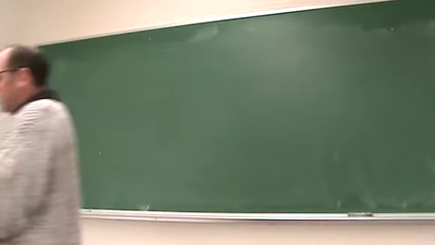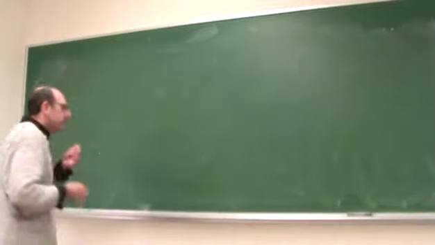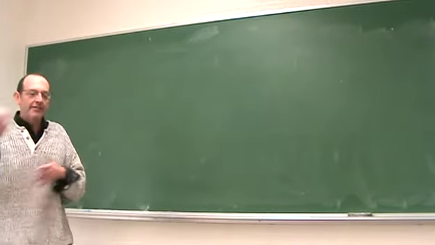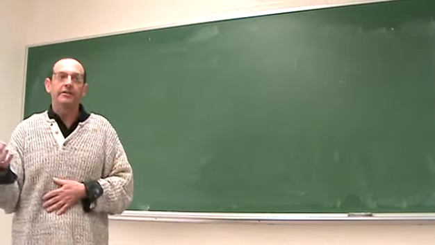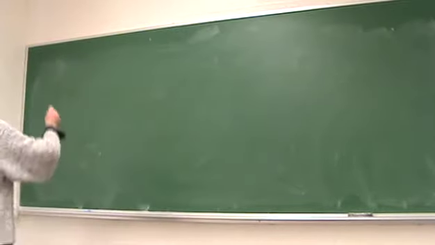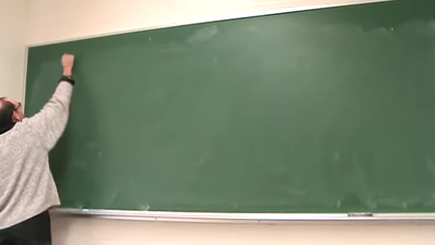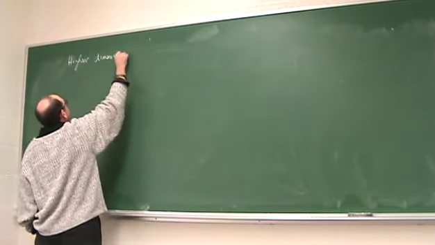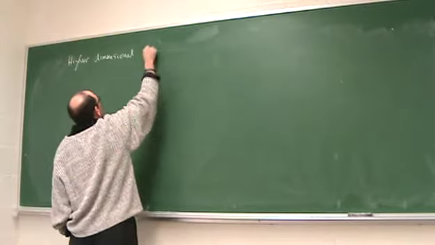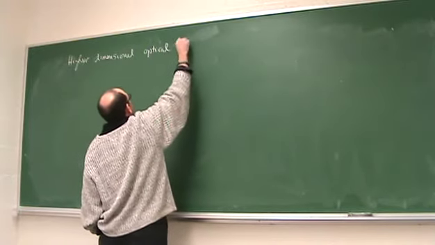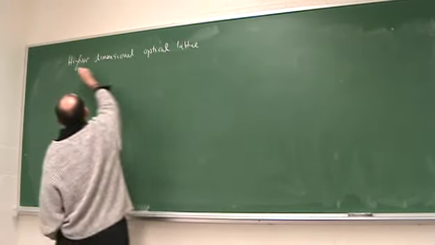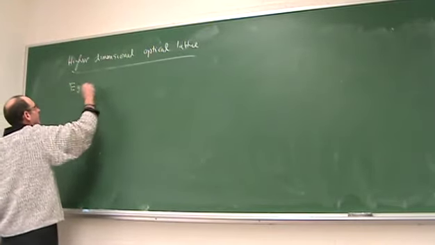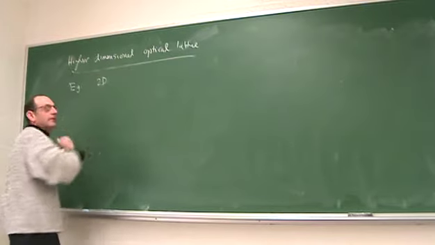So, what I mean by higher dimensions is the wave vectors have their axes along more than one direction, not just along one axis. So, higher dimensional optical lattices. Let's say I have a 2D lattice.